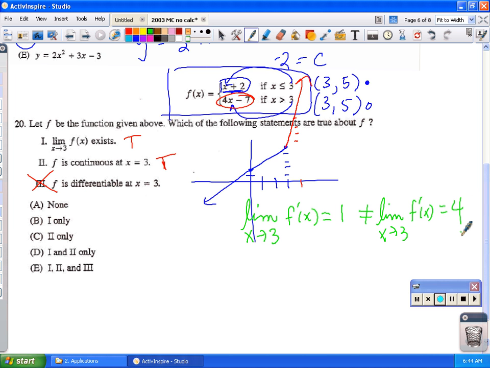So the left derivative and the right derivative are not agreeing with each other. So our answer for number 20 is D. All right, I'm getting close here.